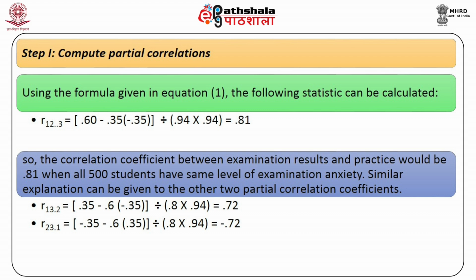R12.3 would mean that we are trying to establish the partial relationship between variables 1 and 2 while partialing out the effect of the third variable, which in this case is the examination anxiety.